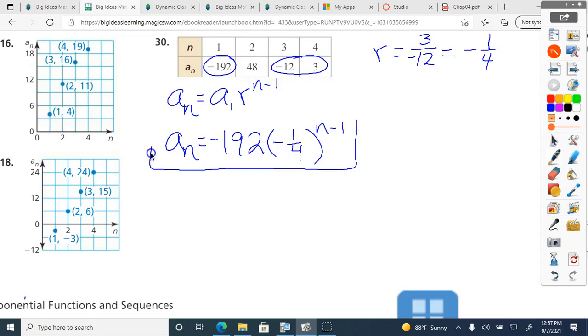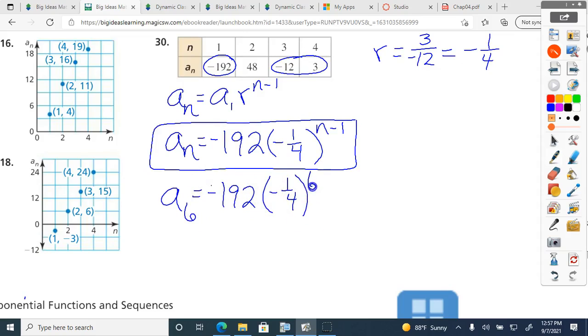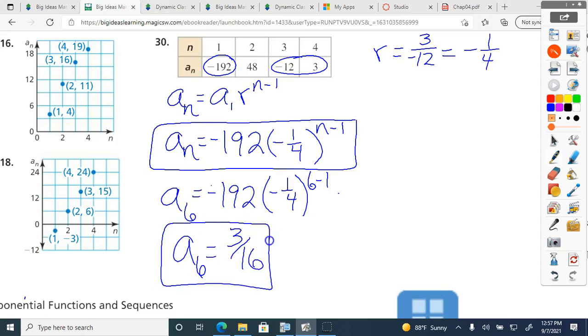So that is the equation. And then what do we do to get A sub 6? We plug in 6. So -192 times -1/4 to the 6 minus 1 power. 3/16. 3/16? Yes, sir. I'm taking your word for it. Hopefully. Okay?